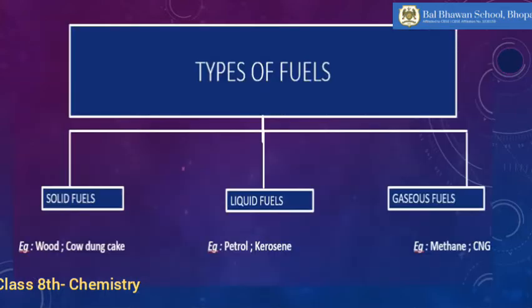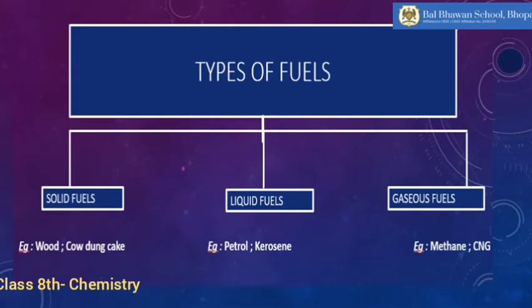These fuels can be broadly classified into three groups depending upon their state. That is, solid fuels, liquid fuels, and gaseous fuels. We all know the examples of these fuels. Like solid fuels means wood, cow dung cakes, or charcoal, etc. And liquid fuels like petrol, kerosene, diesel.